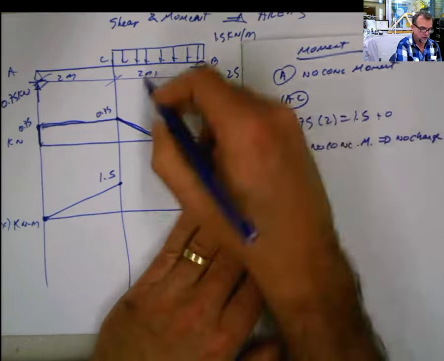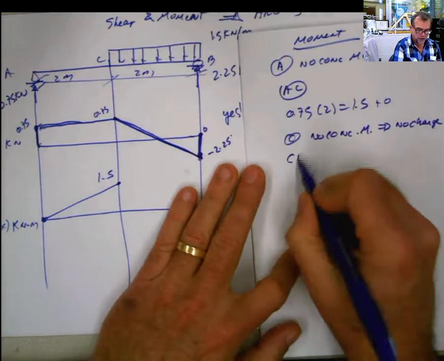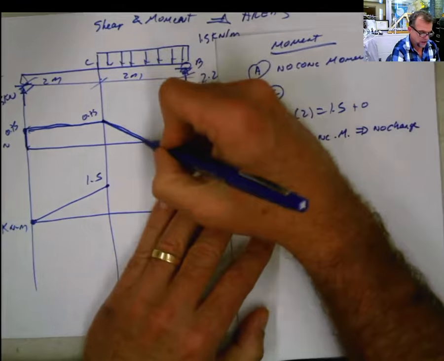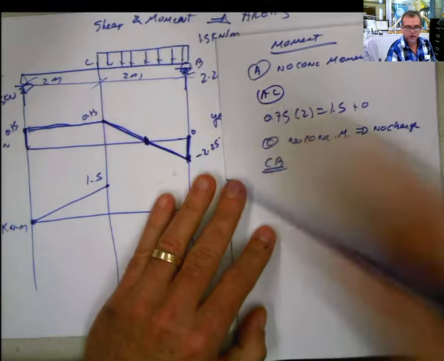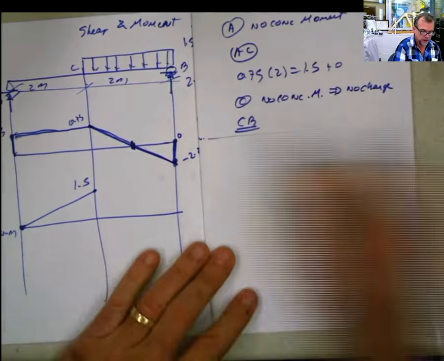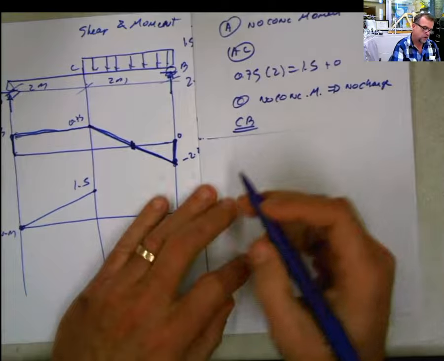And now I go to CB. Well, I can't go to CB, because if I'm doing areas, I need to know this point. But I know how to get that point, even if I don't use integrals, I can just use geometry.